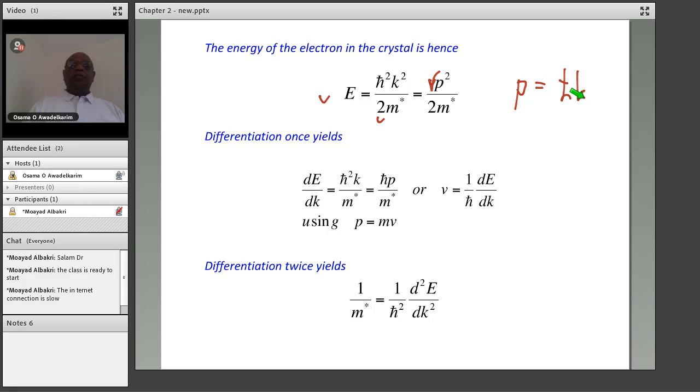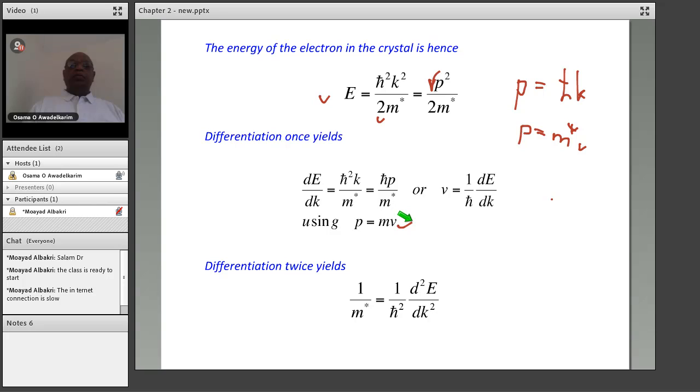And p is m*v, momentum is mass, which I'm now going to use as the effective mass m*, times velocity. So the velocity of an electron in a crystal is equal to 1 over ħ dE/dk, using p equals mv.